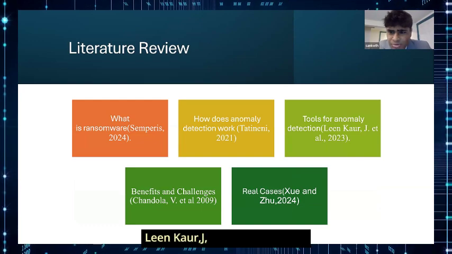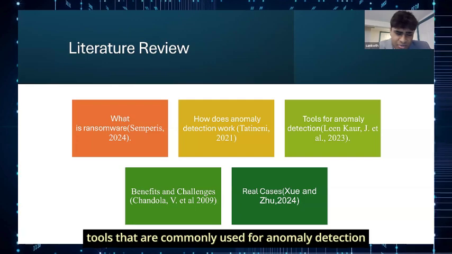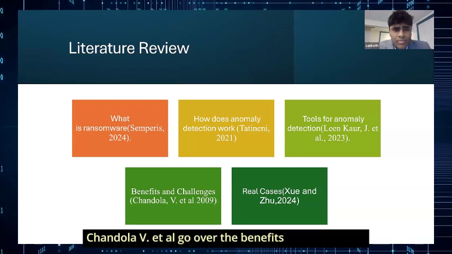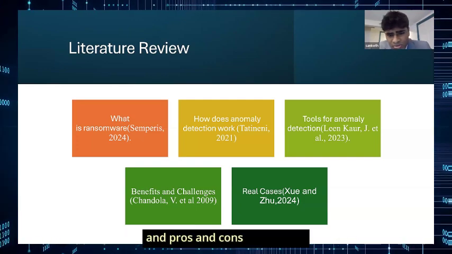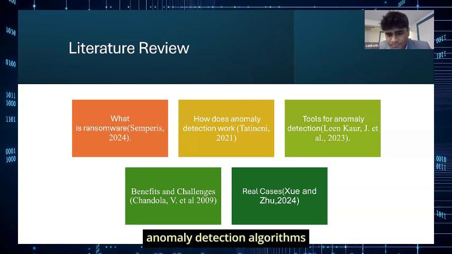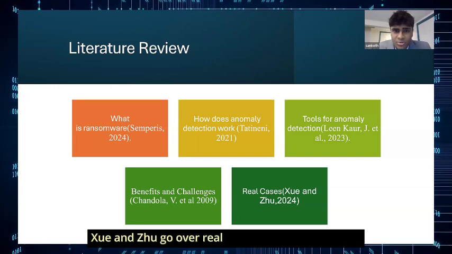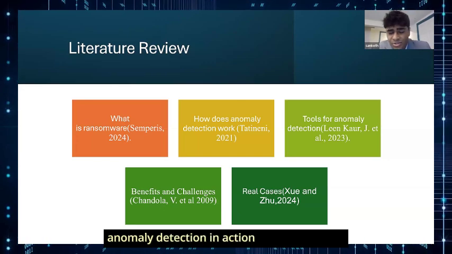Lead and Core J et al. go over tools that are commonly used for anomaly detection. Chandola V. et al. go over the benefits and challenges, as well as the implications and pros and cons of different anomaly detection algorithms. Xu and Zhu go over real cases of ransomware and anomaly detection in action in the real world.